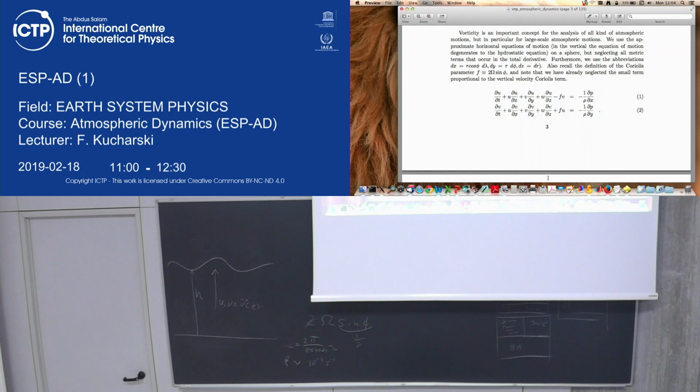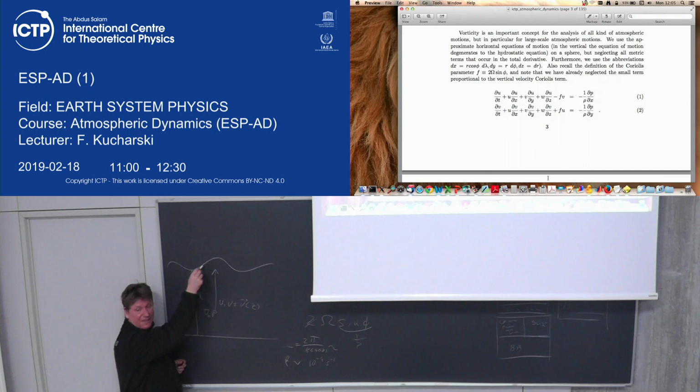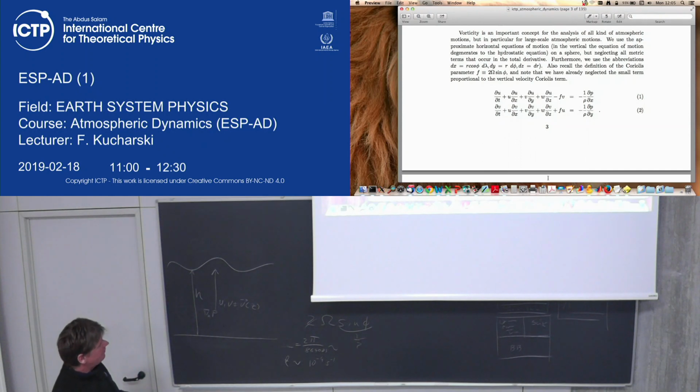But that applies to a system where, and you will do this as a homework, the horizontal pressure changes within the system can be explained just by variations of the height of the top. That's a property of the hydrostatic equation, if you integrate that vertically.